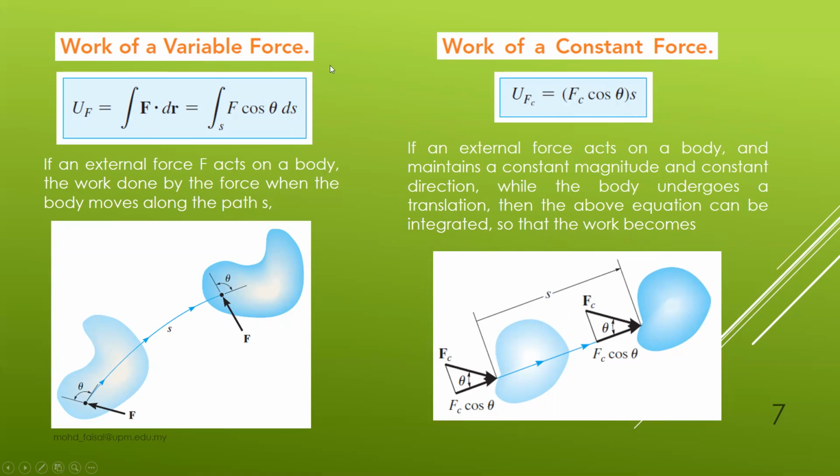The difference is that on the left we have a variable force, on the right we have a constant force. It is a variable force because if you look carefully here, the path S is not linear, not a straight line.